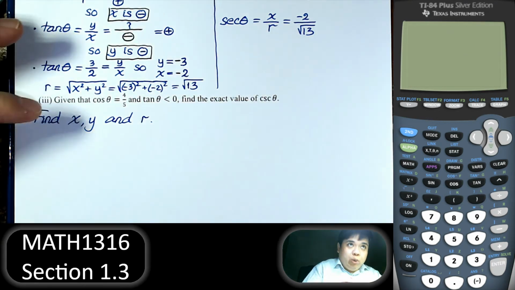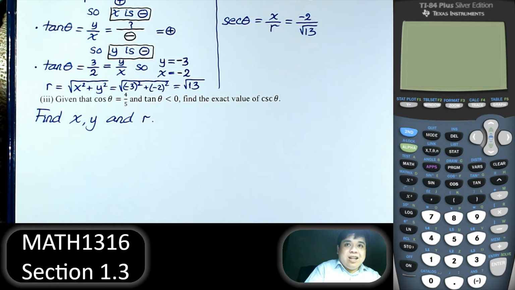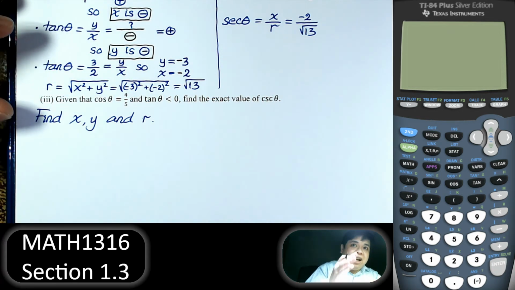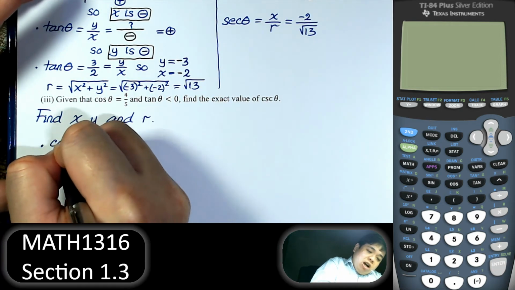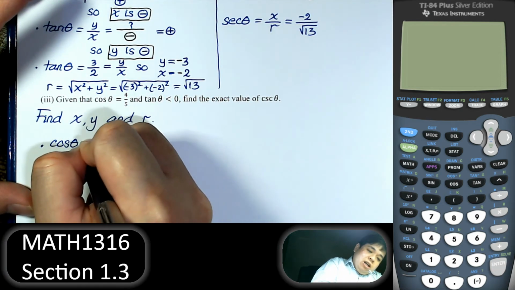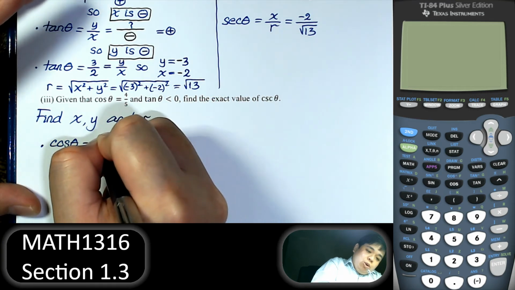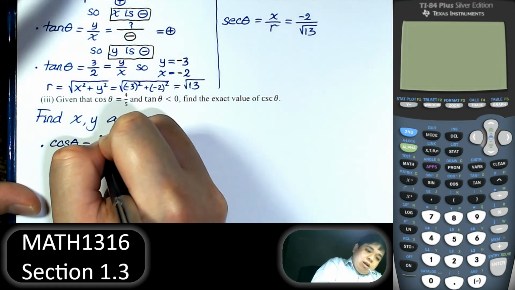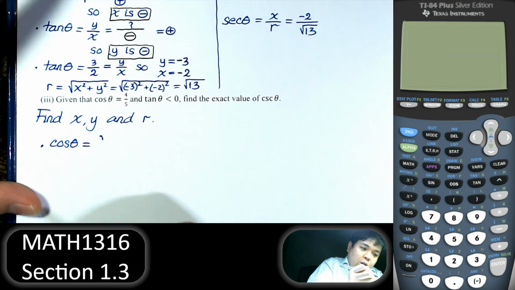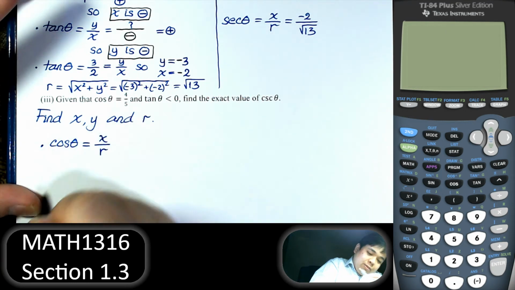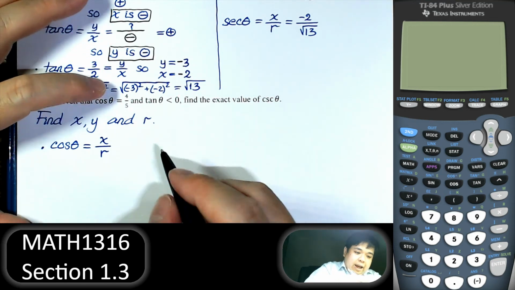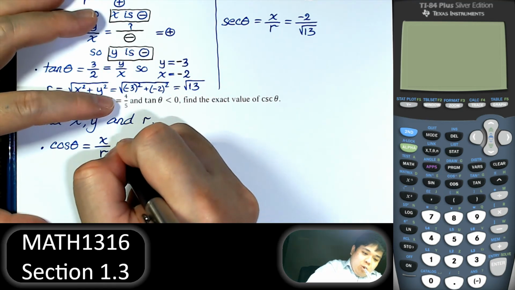And usually we go with sine, cosine, secant, and cosecant, the ones that have r to pivot on, because we know exactly that r has to be positive. So first, cosine is equal to x over r, and that is positive.